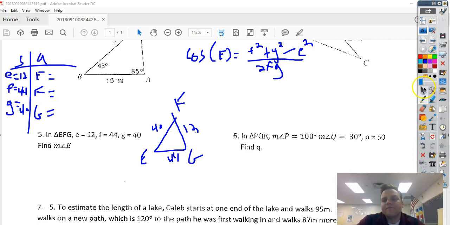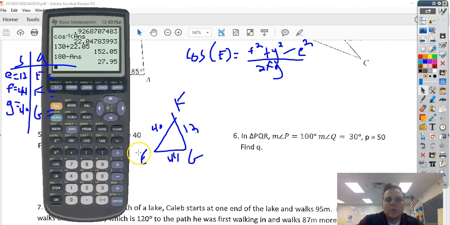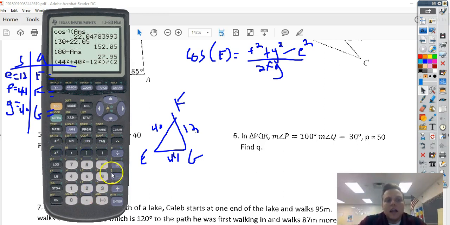So we're just going to plug and chug away. F is 44, so 44 squared plus 40 squared minus 12 squared, all divided by 2 times 44 times 40.